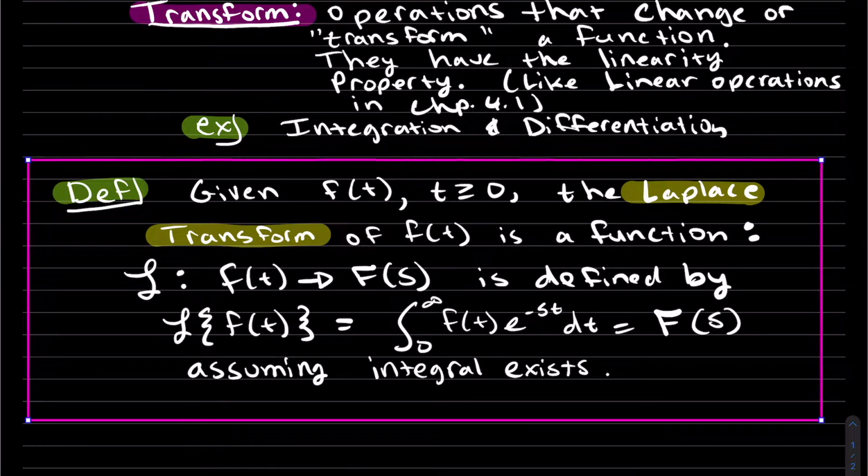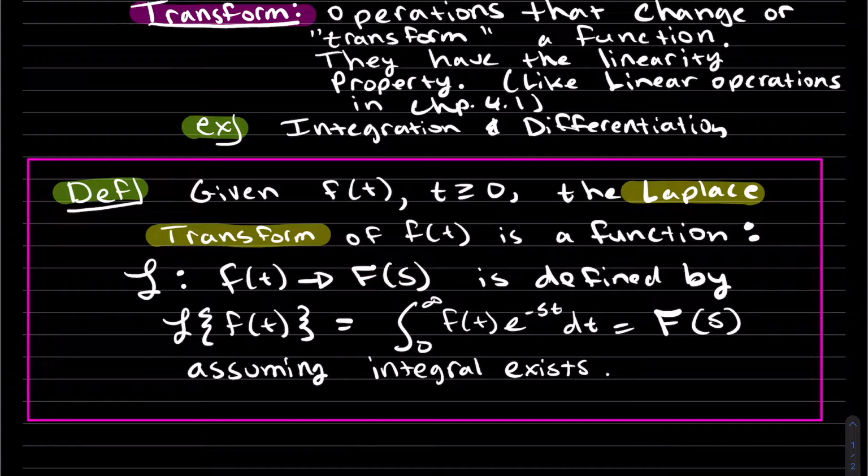Okay, so here's the definition of a Laplace transform. Basically, it's a transformation where you have f of t, a function of t, and once you transform it, it becomes a function of s.